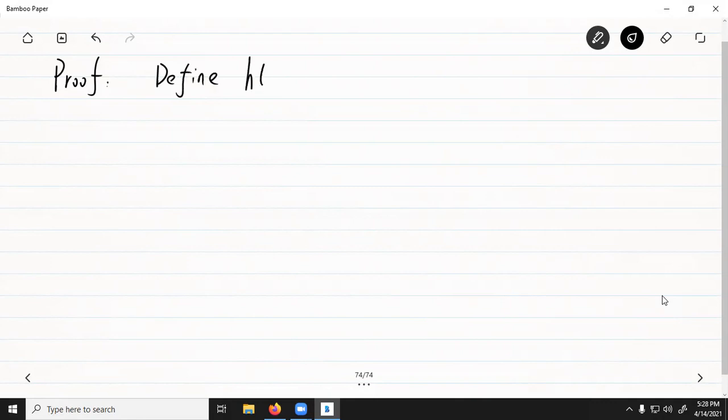We define a function h of x, which is f of x minus m times x, such that h of a, when x equals a, is equal to h of b, when x equals b.